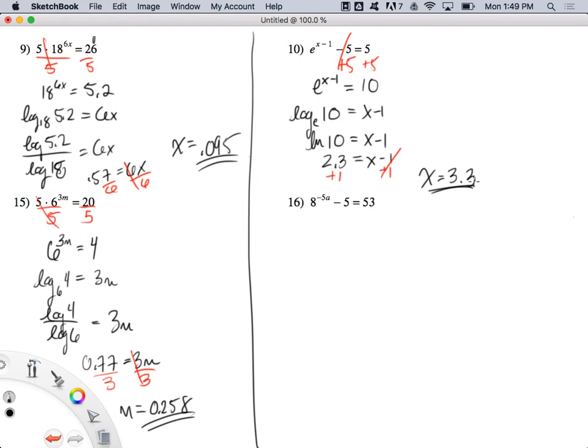You just plug it in your calculator. It's literally the ln of 2.3. Close parentheses. You're good. Number 16, yes, that is correct.